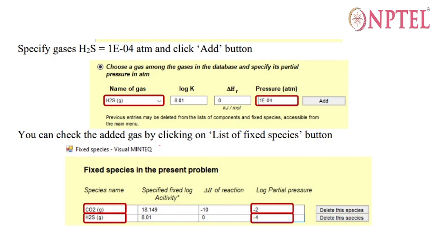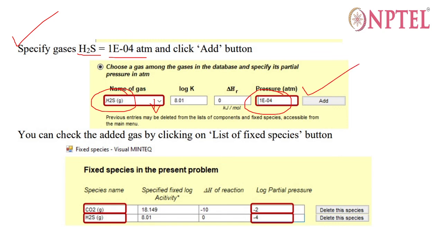Just a minute. Yeah, for the second gas, this is H2S, and the partial pressure was 10 to the power minus 4 atm. So just keep the input here, 10 to the power minus 4 atm, H2S gas. From the drop down, you will find the gas. Add it, right?